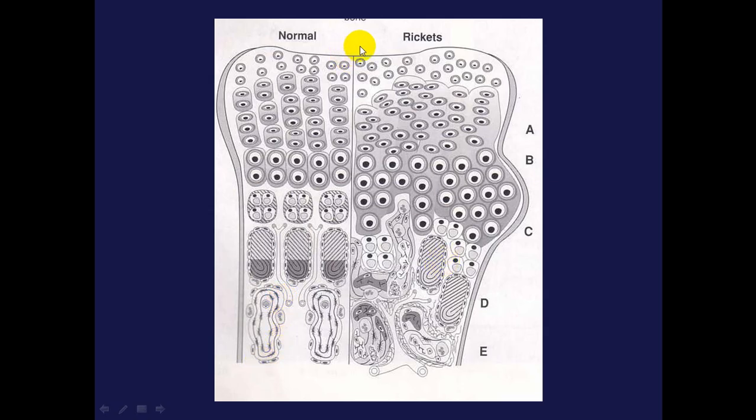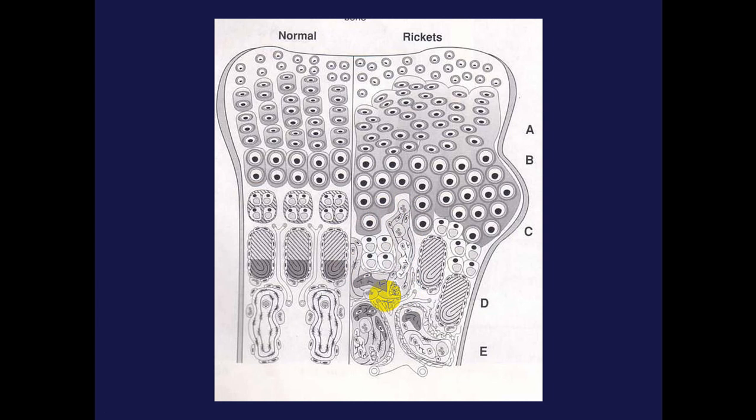However, in rickets, it has similar progenitor cells here. However, the cells are hyperplastic and enlarged. Hyperplastic, proliferating, enlarged, however they cannot make complete bone structures. Why? Because to make complete bone structures, they have to make an osteoid or bone matrix first.